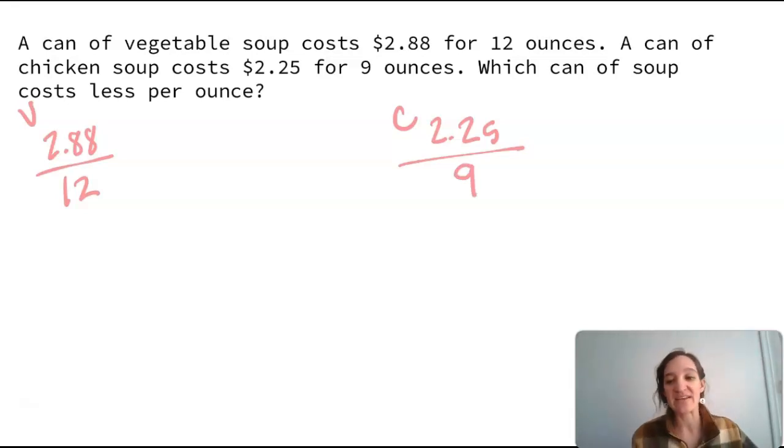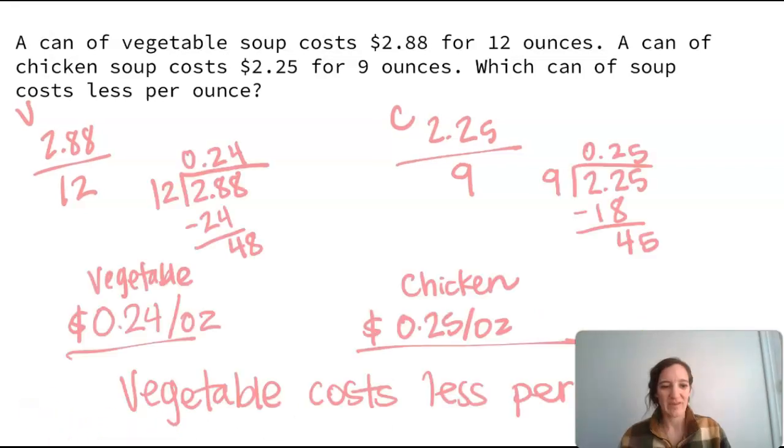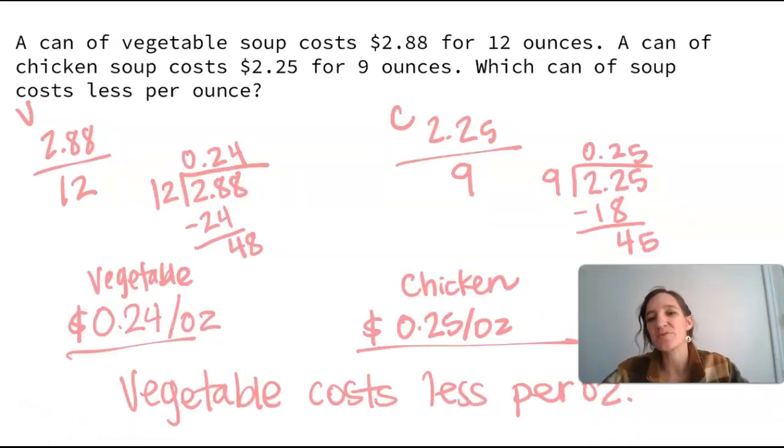Let's figure out what that is per ounce. All right. Does your work look the same as mine? When I found the unit rate for the vegetable soup and the chicken soup, I found that the vegetable soup was only 24 cents an ounce, and the chicken soup was 25 cents per ounce, which means that the vegetable soup costs less per ounce.